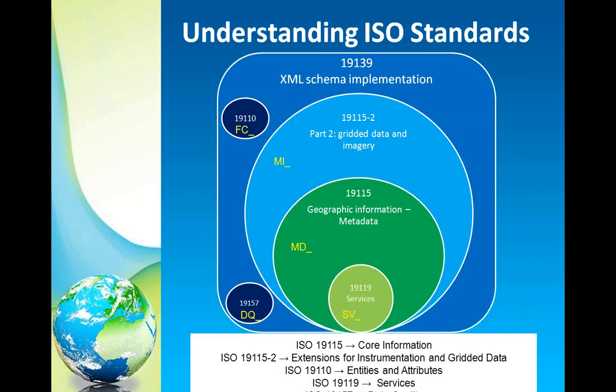All right, the core ISO standard for documenting geospatial data is the ISO 19115, the geographic information metadata. It contains all of the basic information, such as the who, what, when, where, and why.